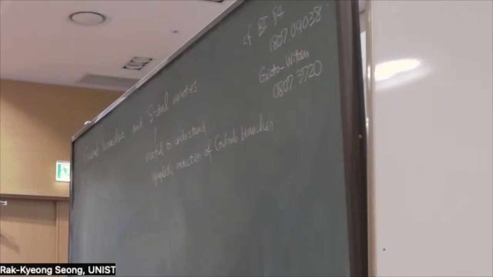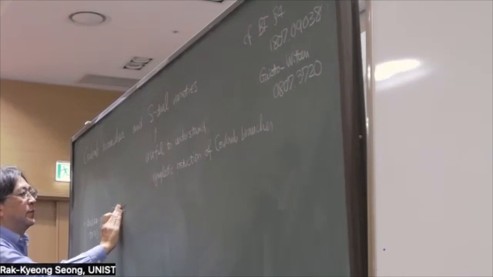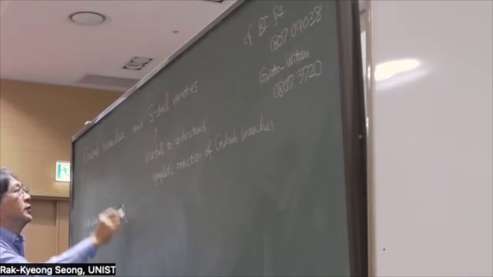Okay, let us first talk about the easy case of an abelian group, or maybe a torus, acting on the Coulomb branch. Let me call the Coulomb branch MC.